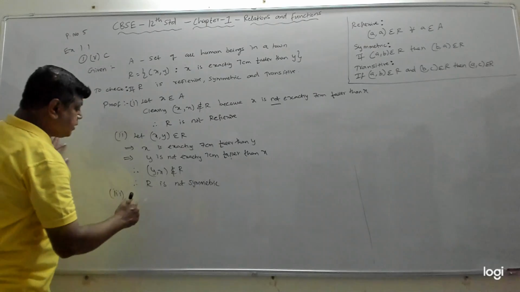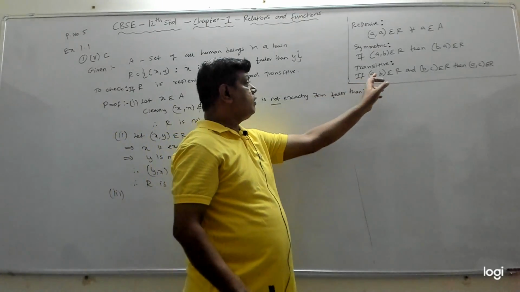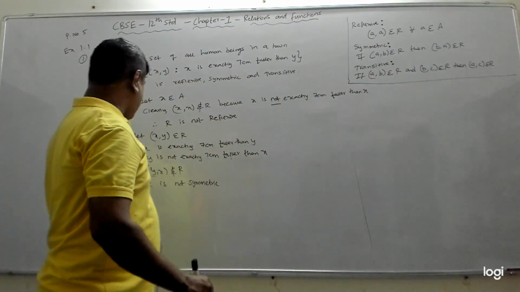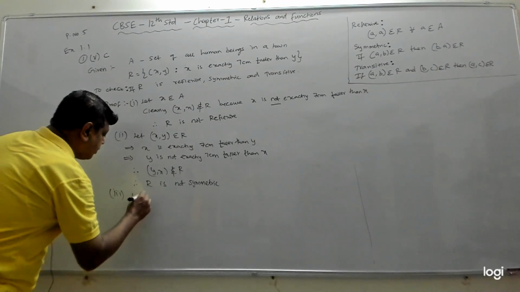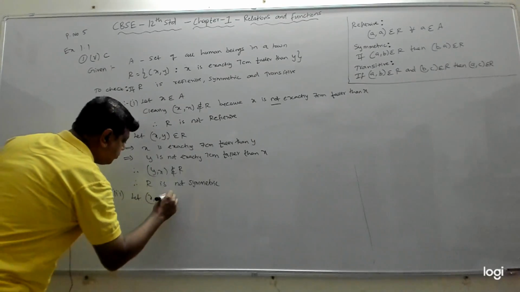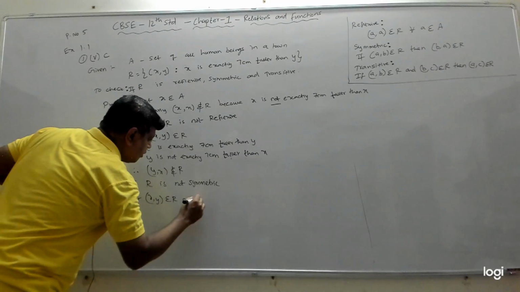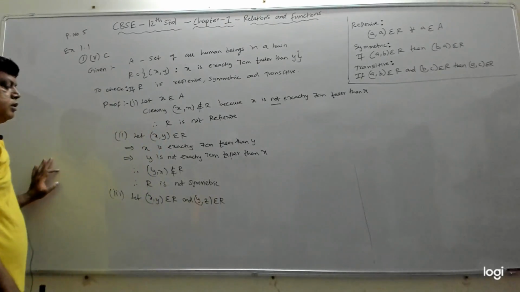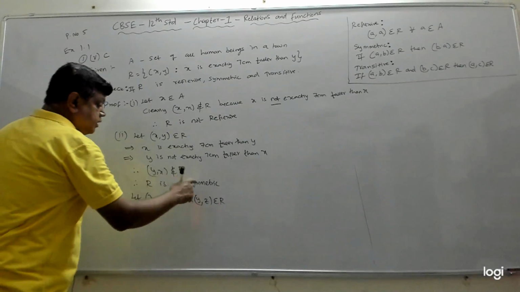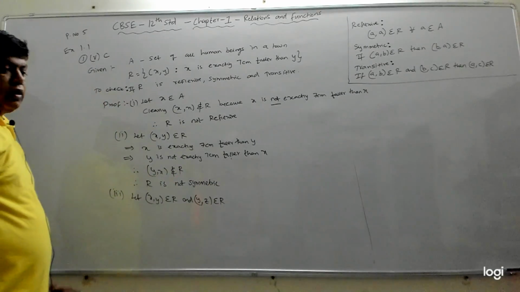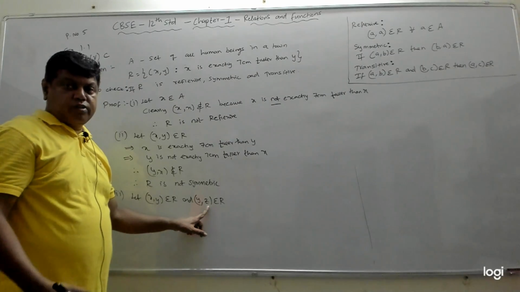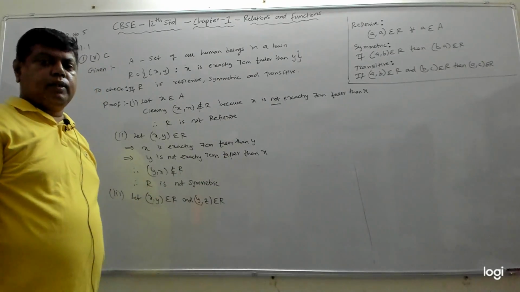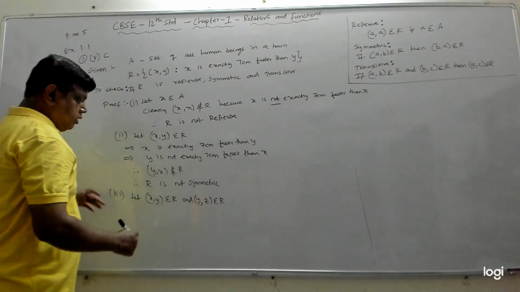Now, to check for transitivity, we'll take two elements from R. Let x comma y belong to R and y comma z belong to R. Now we should check whether x comma z belongs to R. If x comma z belongs to R, then we will say R is transitive. If not, it is not transitive.